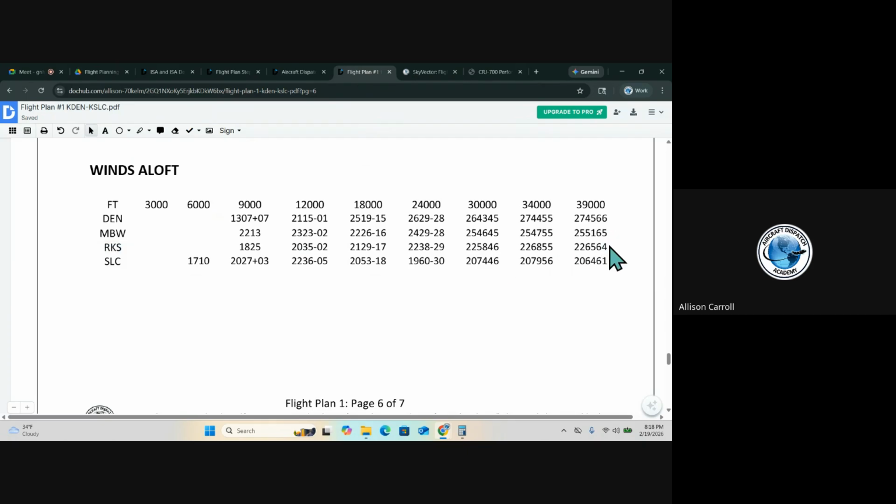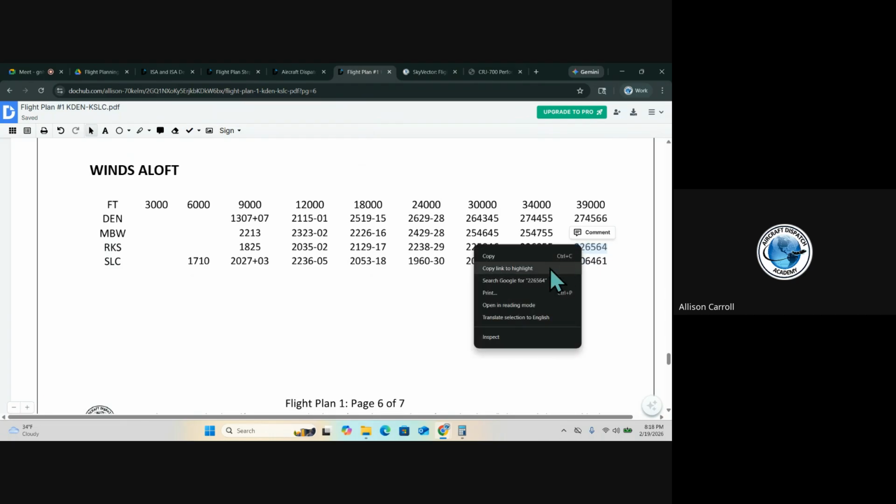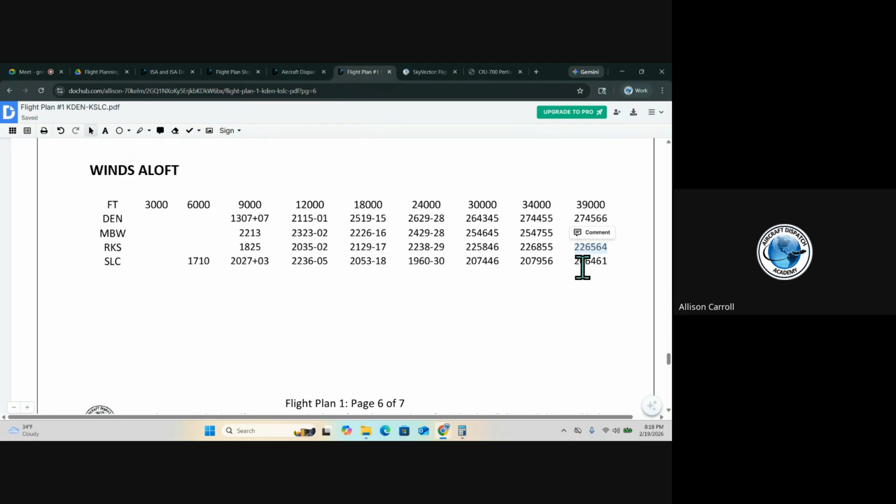This 39,000 feet over here, those are my winds and temps aloft. Let me see if I can just copy it. So remember, winds and temps aloft, the first two digits are the wind direction. The middle two digits are the wind speed. And the last two digits are the temperature. And remember, at 39,000 feet, we are in the negatives.